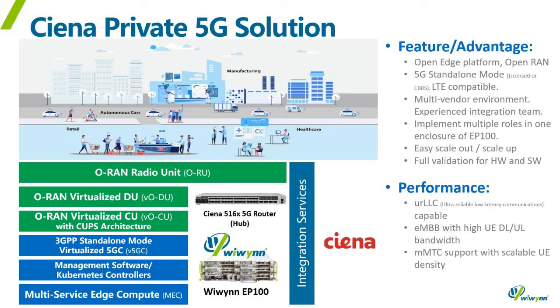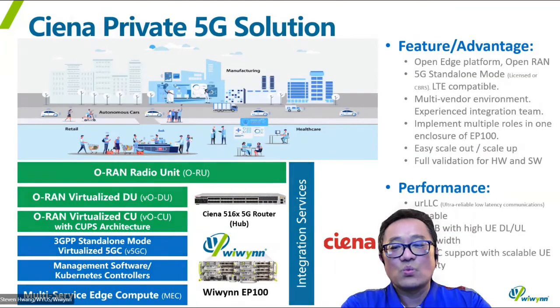All the hardware and software are fully validated. In terms of performance, it has ultra-reliable low-latency communications with less than 10 millisecond E2E latency. It has scalable UE density and high DL/UL bandwidth as well.